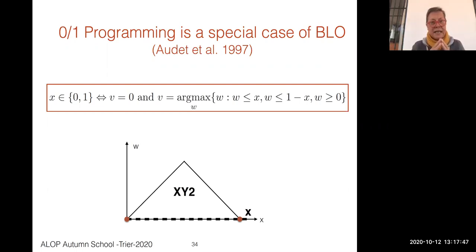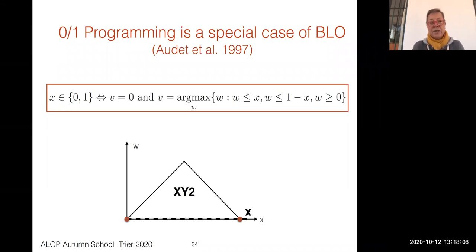So in the sense that you can model the binary condition on a variable X, the fact that X can take only value 0 or 1, you can model this using a bilevel reformulation.